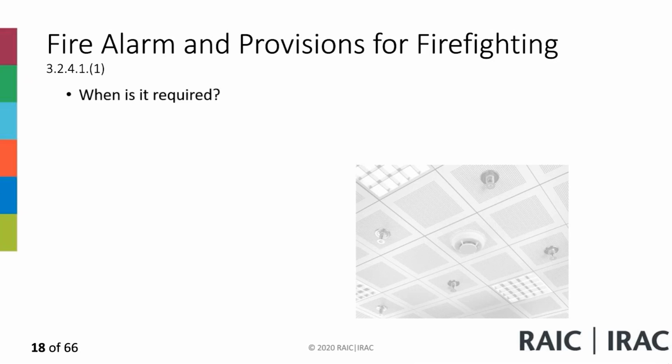So what are the fire protection and life safety systems in a building? The building code addresses the fire alarm systems. It addresses the use of standpipes, extinguishers, and sprinklers, which we've seen, as well as the emergency smoke control system, which we saw for interconnected floor spaces.